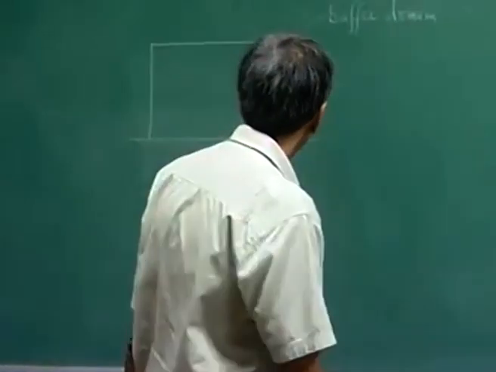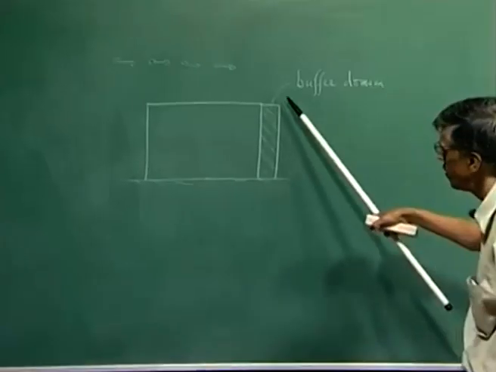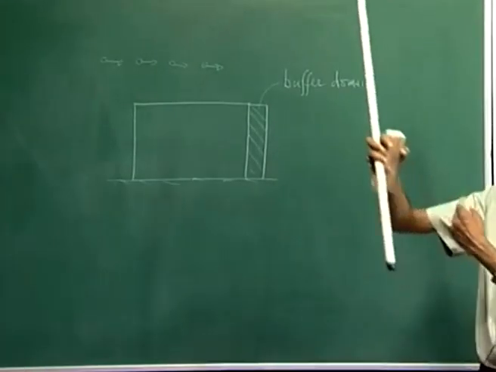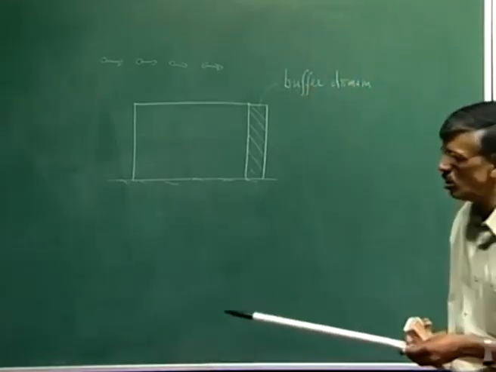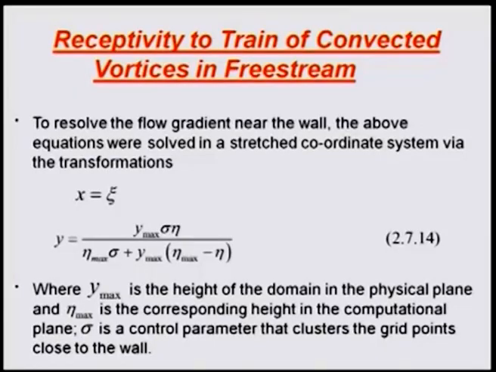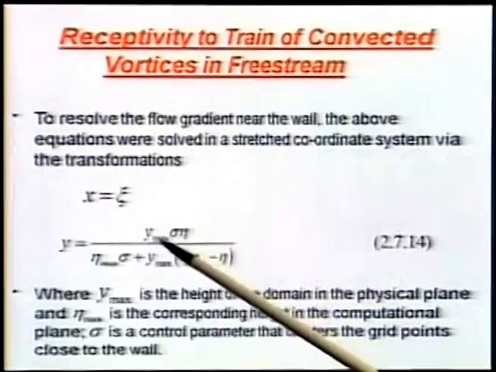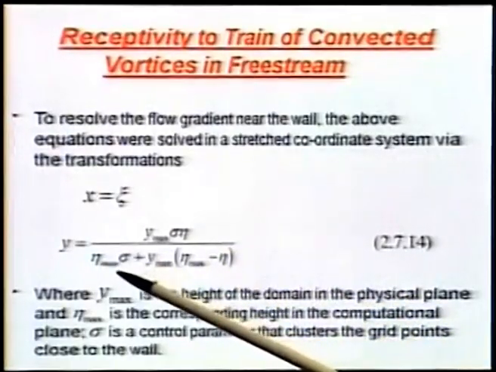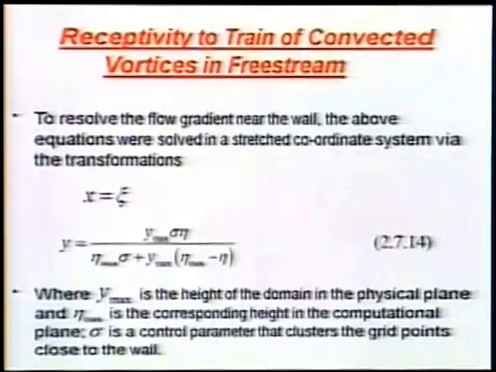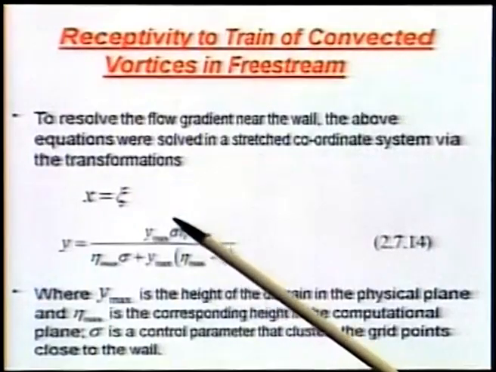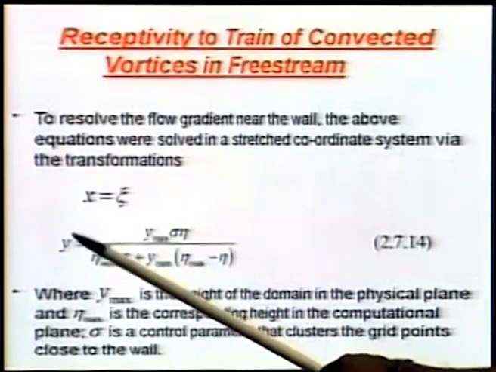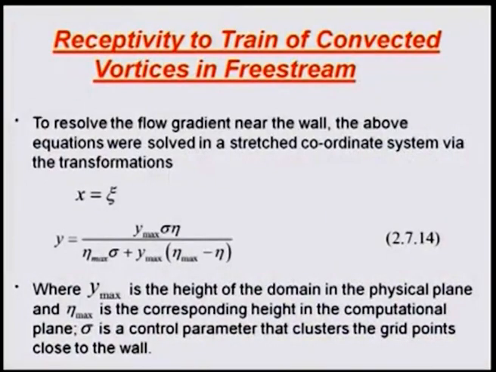We are going to take a very limited height, but stretch it out significantly. So, we fix this y max in the physical plane, and that would correspond to some computational eta max, and these are the control parameters that will define our graded grid in the wall normal direction. So, we will have finer spacing near the wall, which will dilate as we go above.